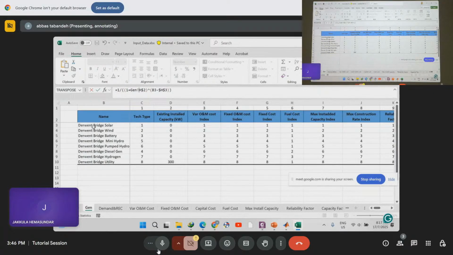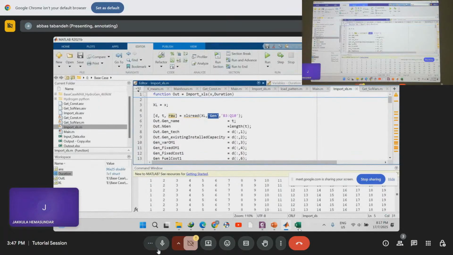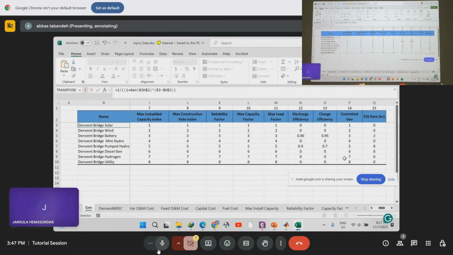If we can see that B3, it starts from here. It selects this B3 to Q10.